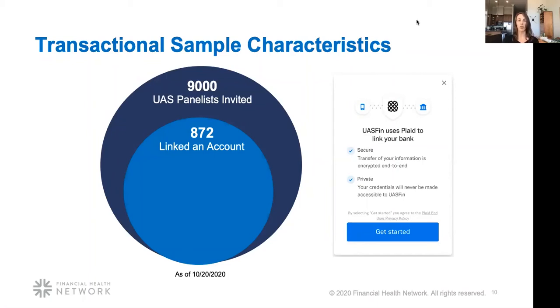I should also mention that the study participants were offered a small monetary incentive for their participation: $10 for initially linking a financial account to the platform, as well as $1 for every month that account remained active to guard against attrition.